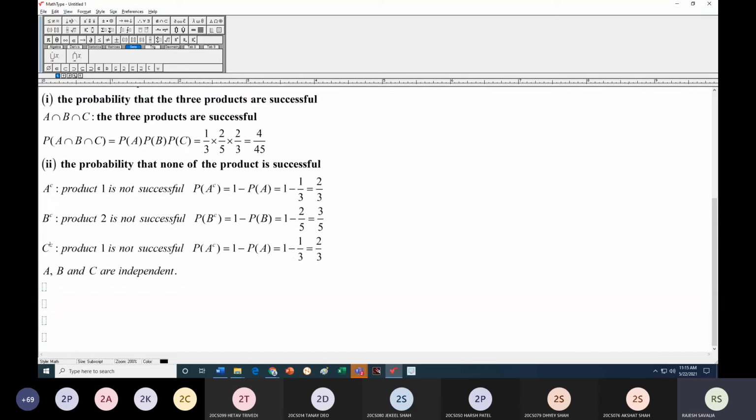Yes, sir. C complement, product 3 is not successful. So probability of C complement is 1 minus P of C, that is 1 minus 2 by 3. So it is 1 by 3. Next, A, B, C are independent. So corresponding complements, A complement, B complement, C complement, are also independent.